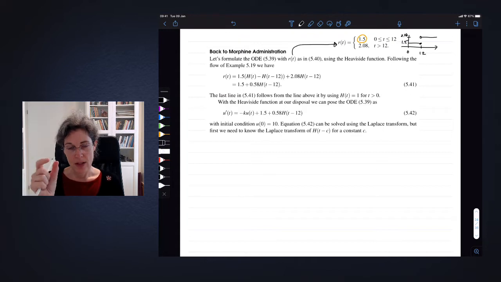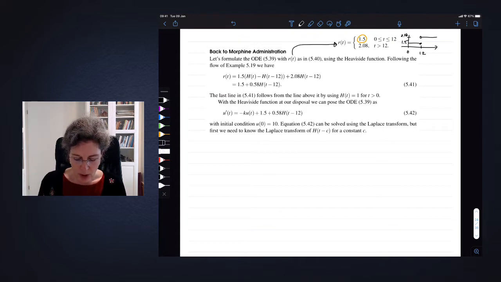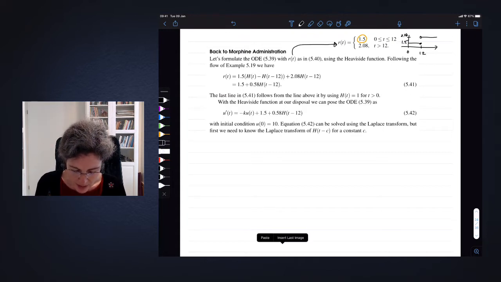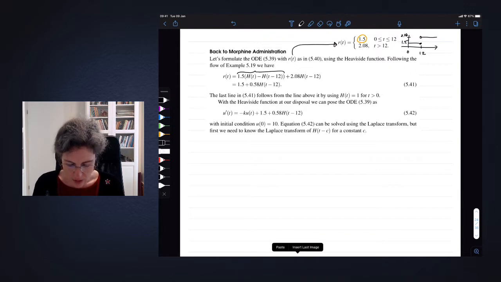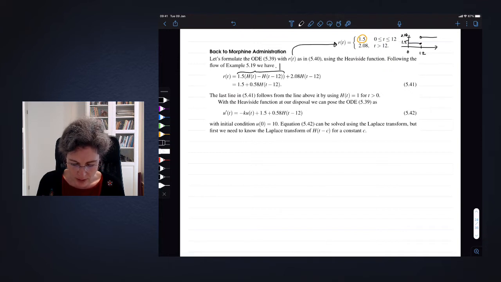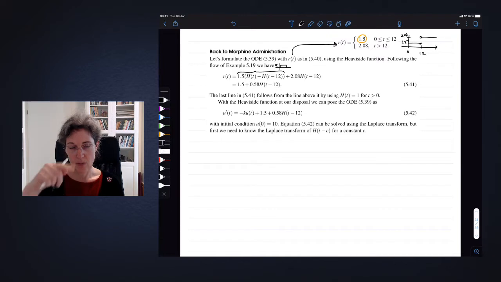And if you use the same techniques that we used in the previous example, what you end up with is, well, let's just check and see that this makes sense. So the first part over here is going to give us a function that does something like this. So it's like a little box. It goes up to 1.5 and it lasts from 0 to 12.